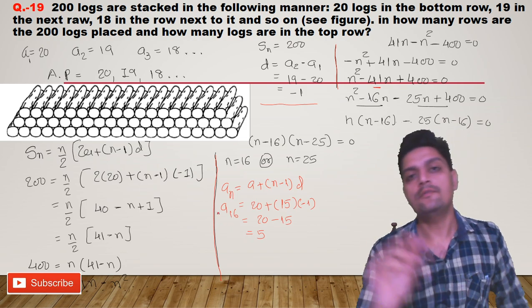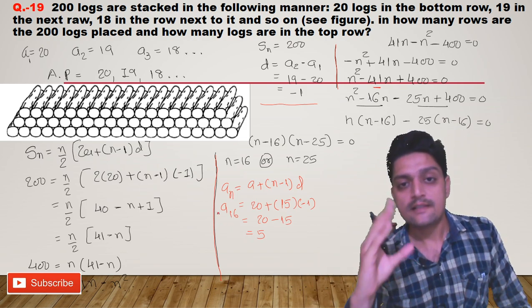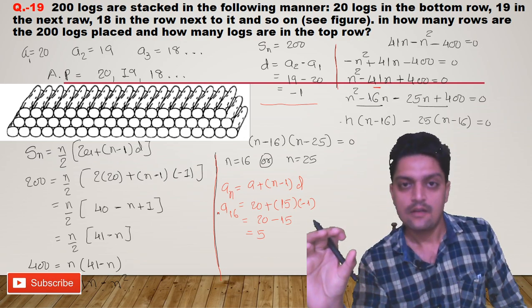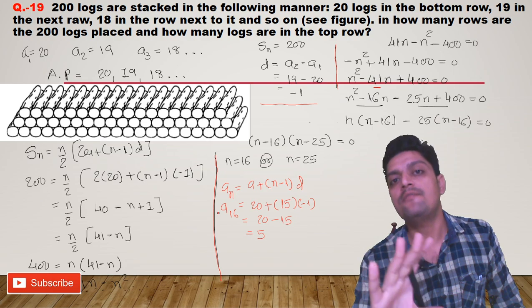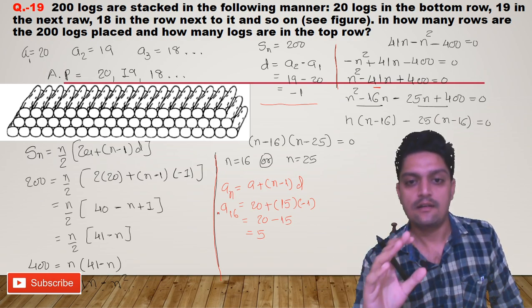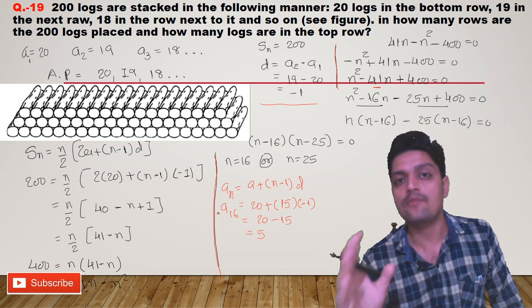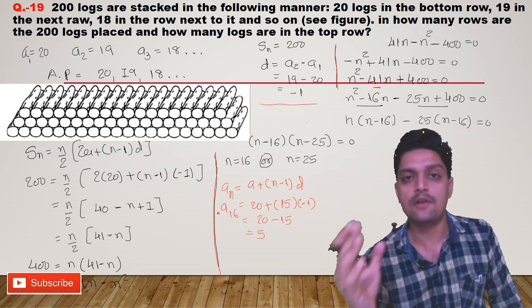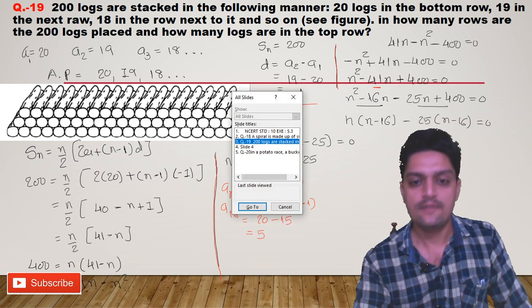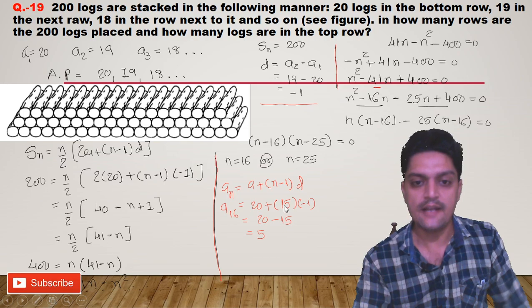So if 16 rows are there, on the top row there will be 5 logs. And let's check that n is equal to 25. If you consider n is equal to 25, let's see what happens. Space is not enough, so I will use the next slide.